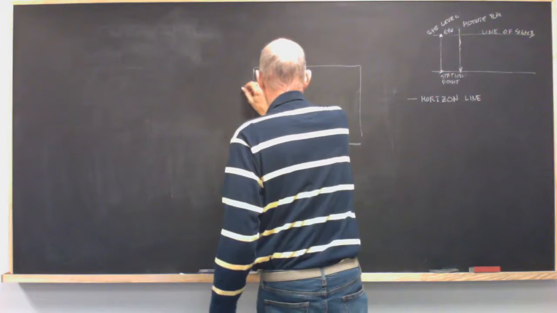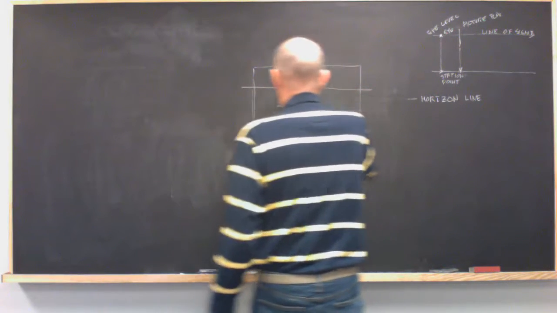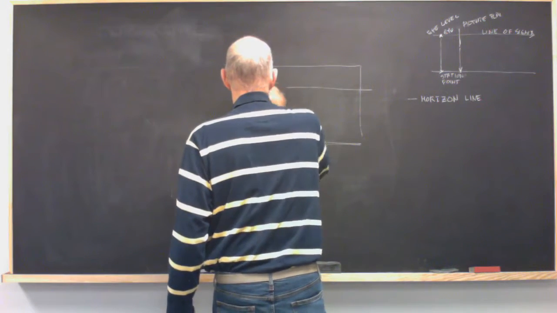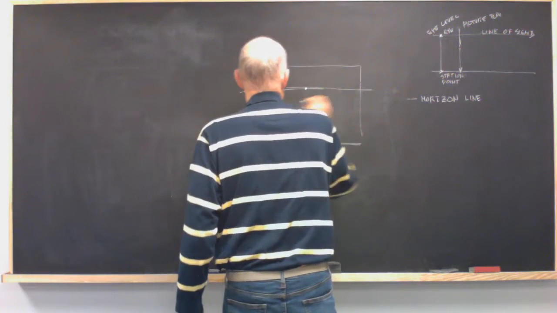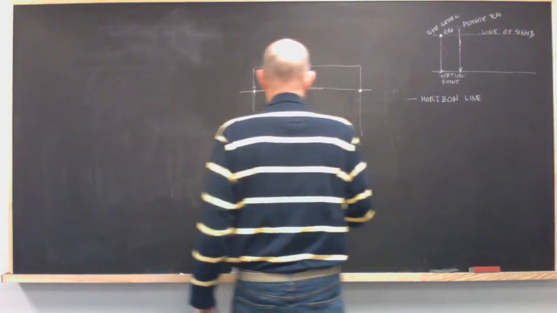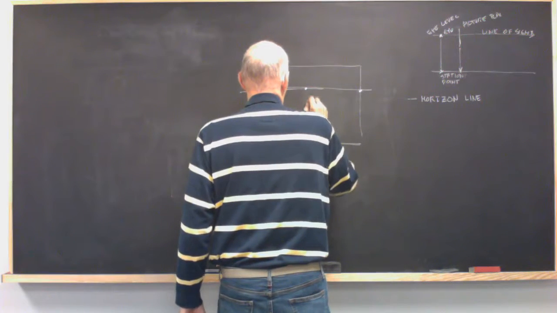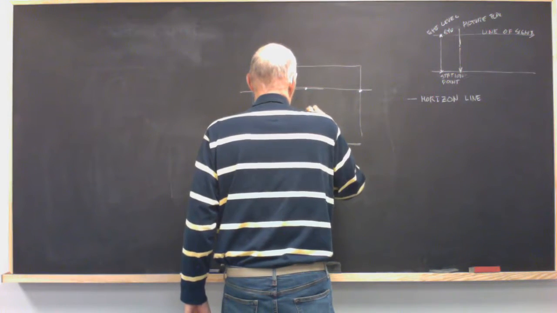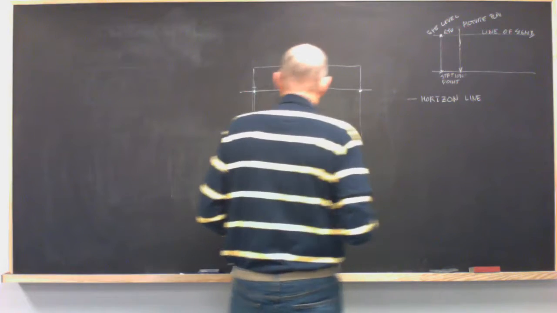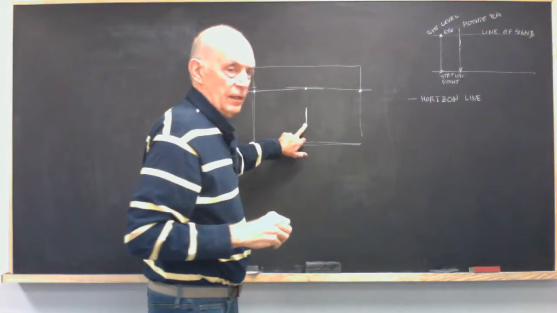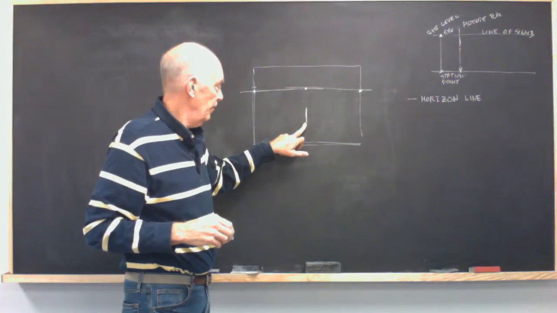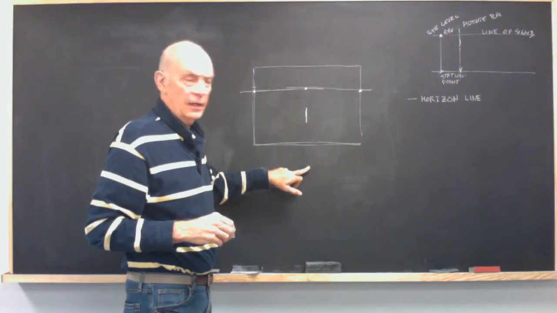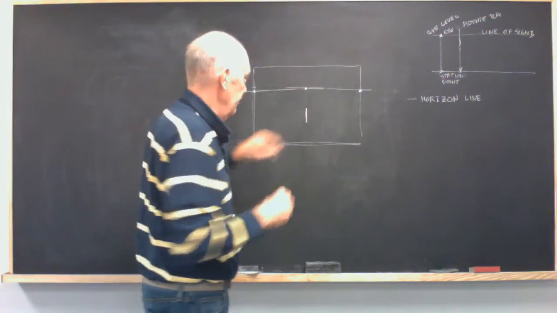So now, in three-point perspective, the line of sight vanishing point is where the third vanishing point is located. So this is the line of sight vanishing point.